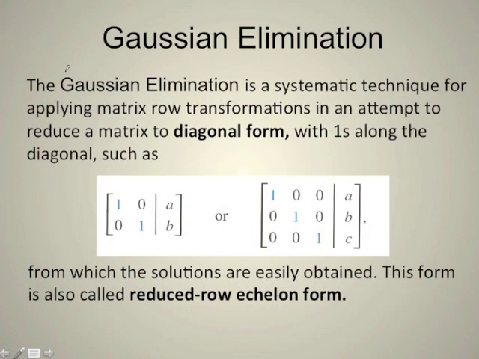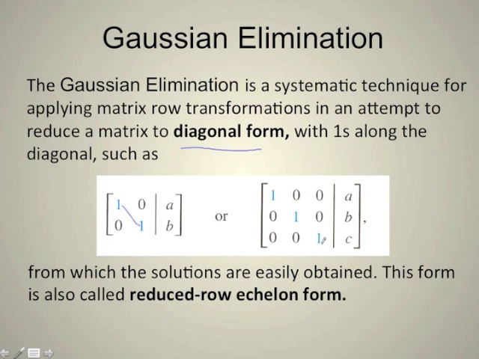When you're doing Gaussian elimination, it's a systematic technique for applying matrix row transformations in an attempt to get a matrix in diagonal form. And this is diagonal form for a system of 2 equations. Notice we have 1, 1 in the diagonal, and then we do have numbers here for the constants with zeros.